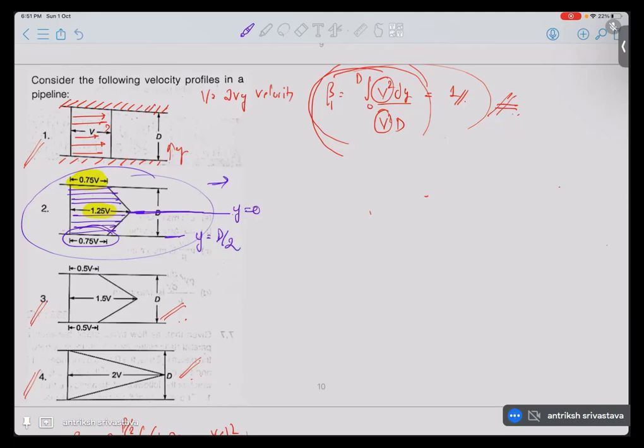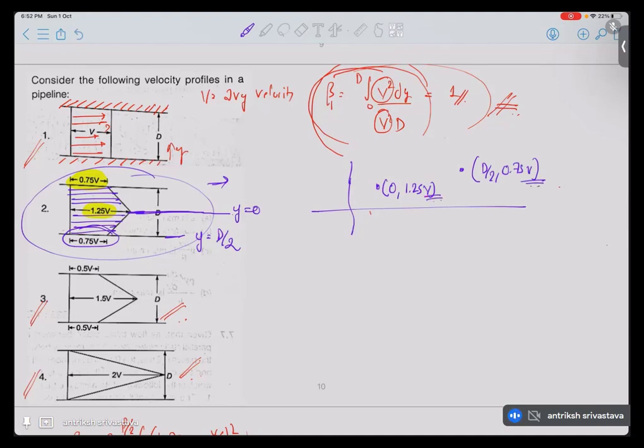So basically what you have here is simple 2 points in a graph sheet where y is the x coordinate: 0 and 1.25 v, and then d by 2 and 0.75 v. I'm just drawing arbitrarily, don't take this as the correct representation.